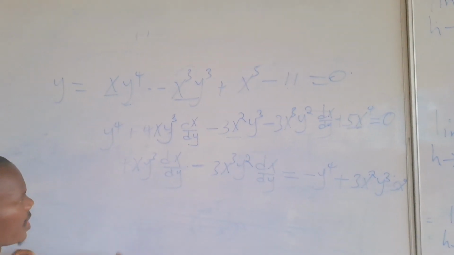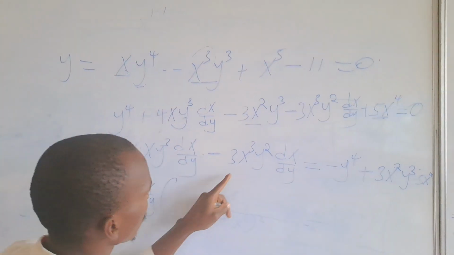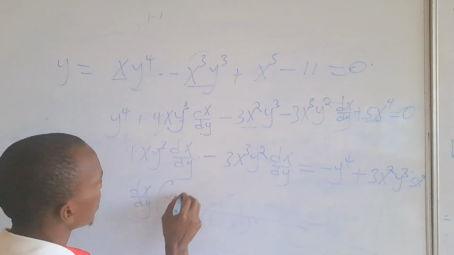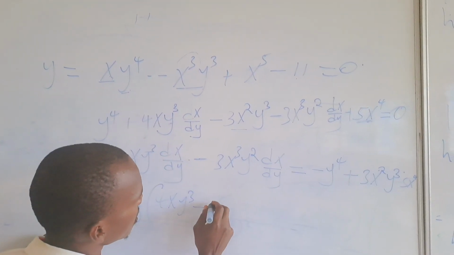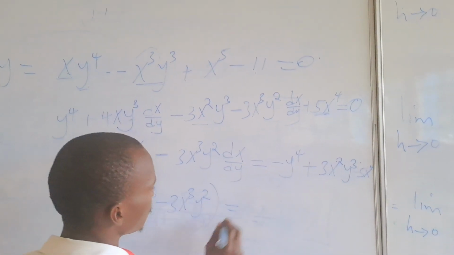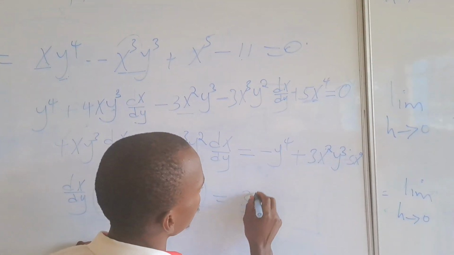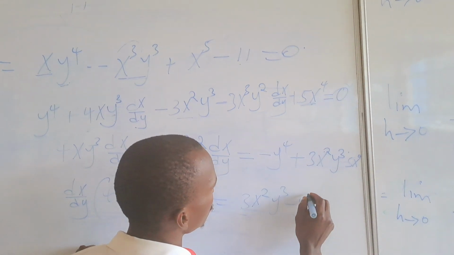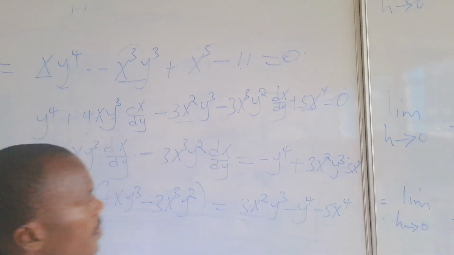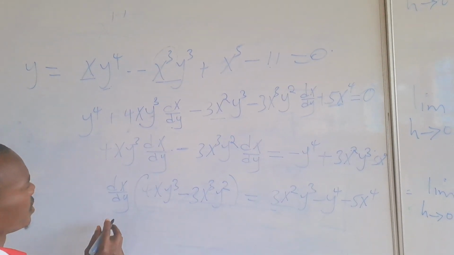So here we have the dy dx into 4x y cubed minus 3x cubed y squared is equal to 3x squared y cubed minus y raised to power 4 minus 5x raised to power 4.